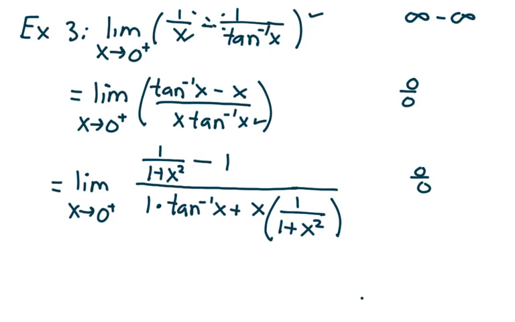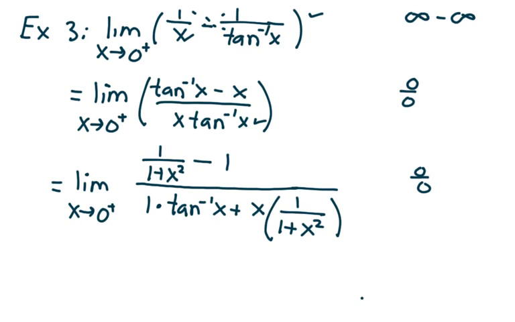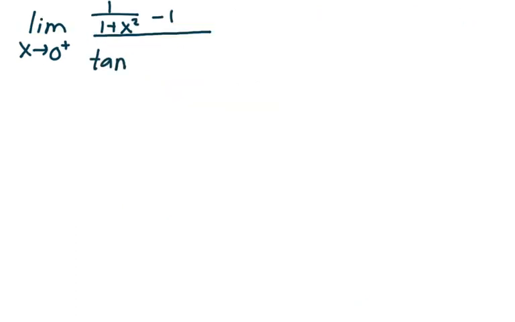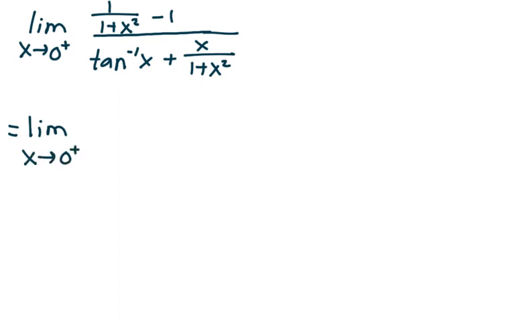So let's go ahead and rewrite this limit on the next page. So we get the limit as x goes to 0 from the right. Now the numerator is 1 over 1 plus x squared minus 1. The denominator is arctan x plus x over 1 plus x squared. Now, let's go through this again. Now, I'm going to take the derivative of 1 over 1 plus x squared.